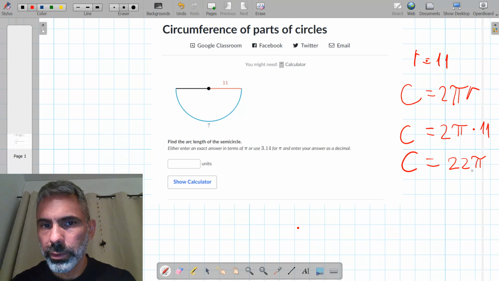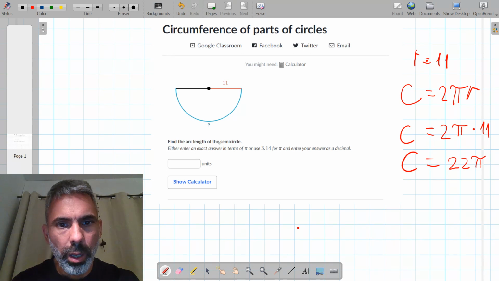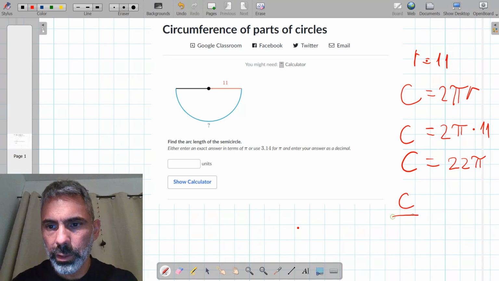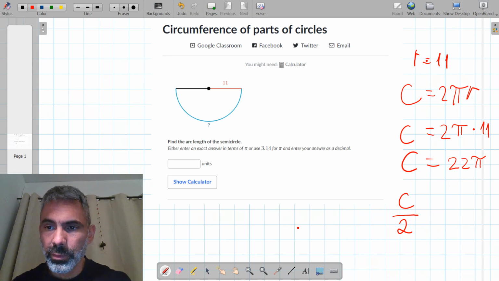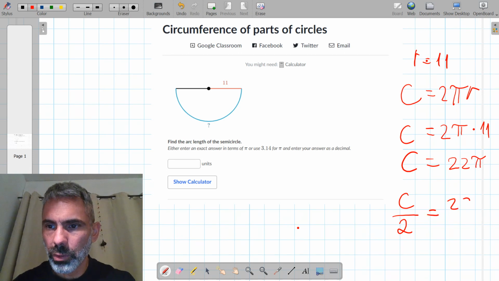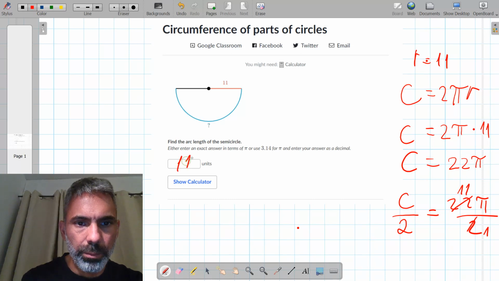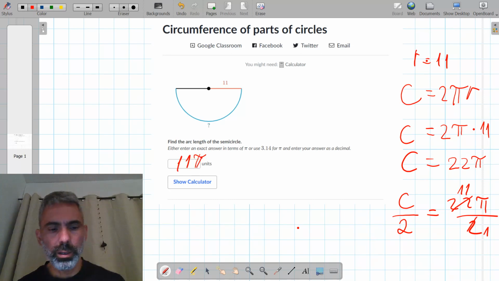So the full circumference is 22 pi, and a semicircle is C divided by 2, which means that 22 pi divided by 2 is 11 pi. So the answer in terms of pi is 11 pi.